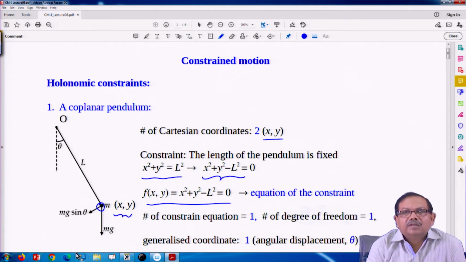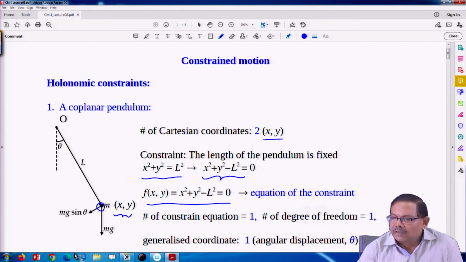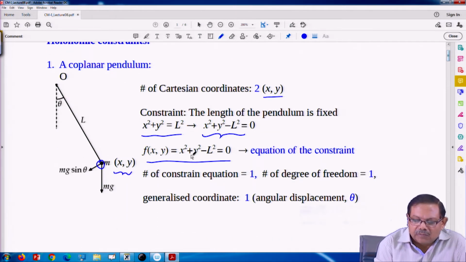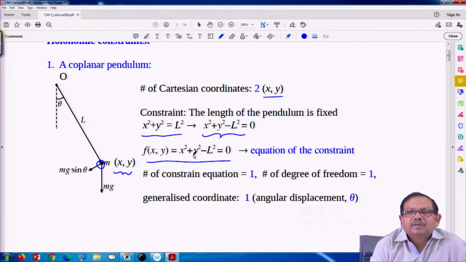But when you consider a pendulum, the length of the pendulum is always fixed and the bob will move only on a circle. So, there is a constraint. As soon as there is a constraint, x and y are not independent because of this constraint.